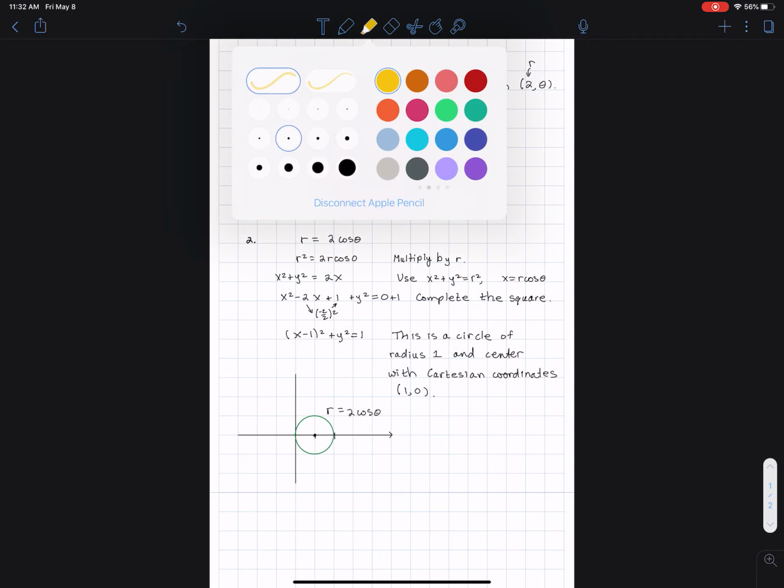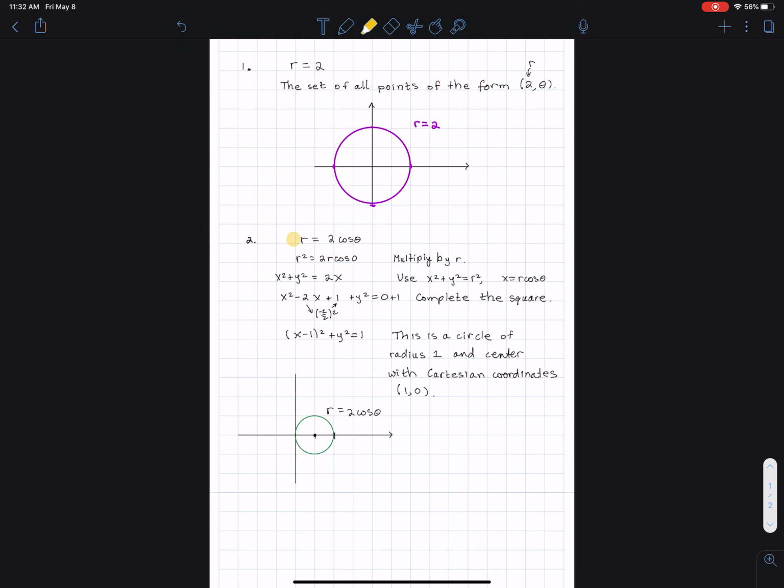So what's going on with that? We see that we get two different types of circles. The first one is centered at the origin. The other one is centered at the Cartesian coordinate (1, 0). So they're a little bit different. Okay, so I think that's all.